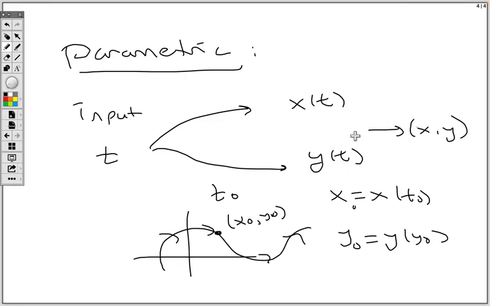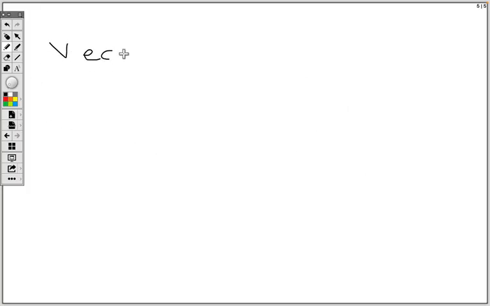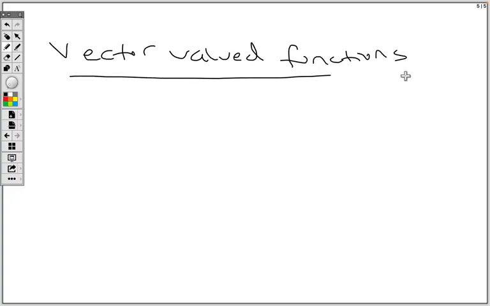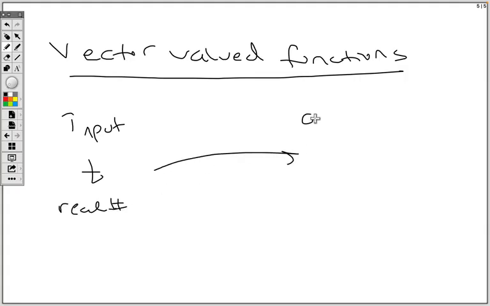And then at the beginning of Calc 3, we kind of packaged these together and got vector valued functions. So vector valued functions, your input was a real number t, and your output was a vector r of t. And what we could do is we would place that vector in standard position.